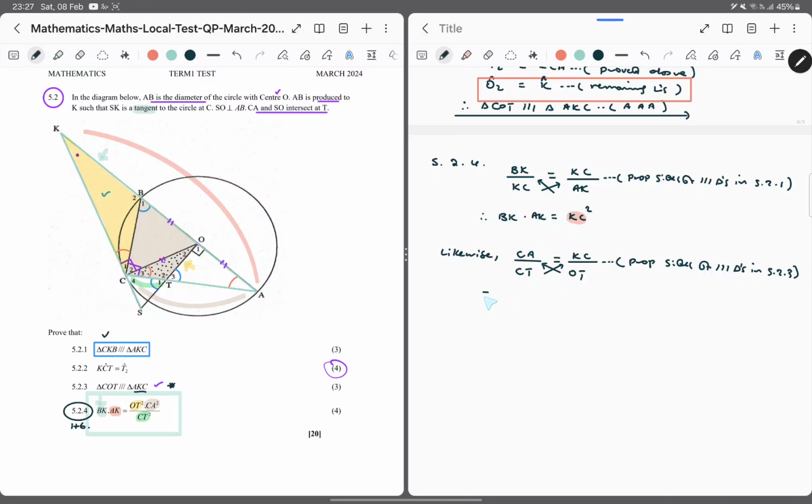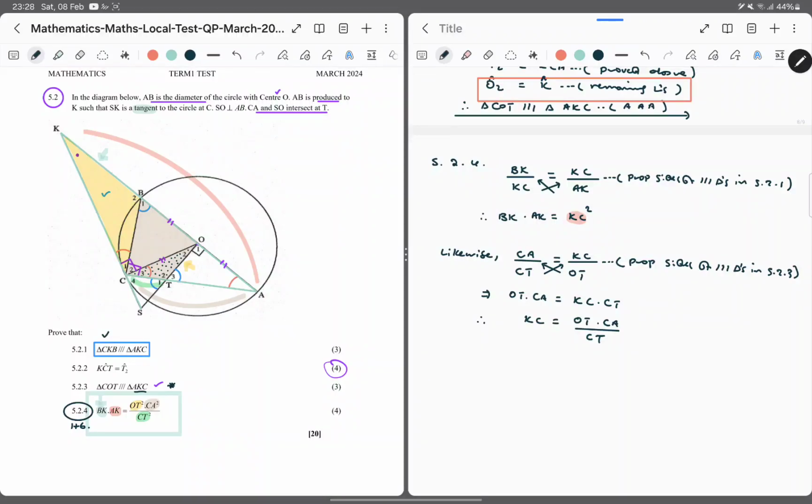Now we continue. This is going to be essentially OT times CA is equal to KC times CT. Therefore, if we want to isolate KC, we divide by CT. So this is going to be OT times CA all over CT.